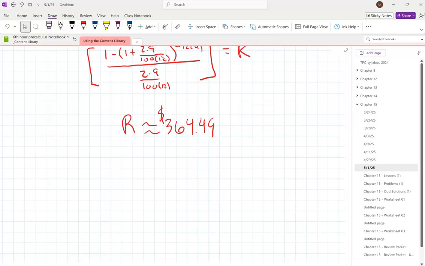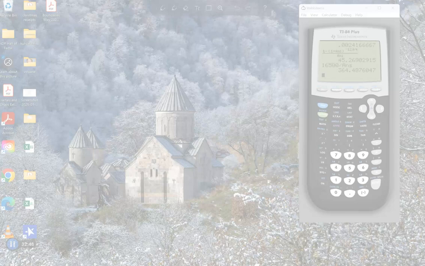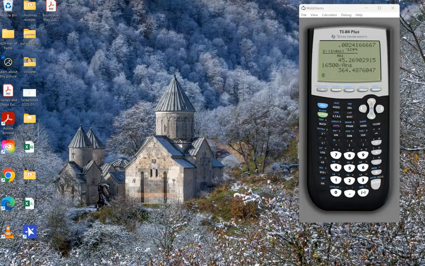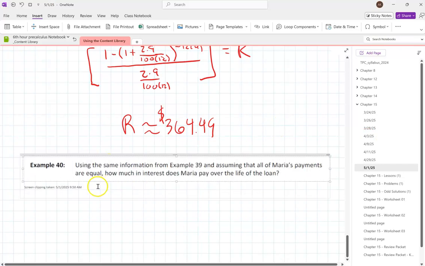So the question here is really, how much did our pal Maria end up paying for this car, right? And what part of that was really just the interest on her loan?